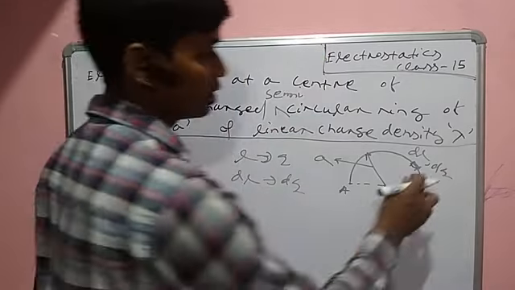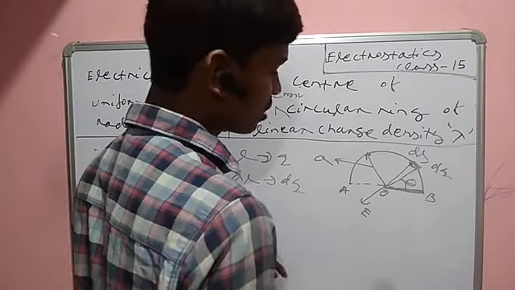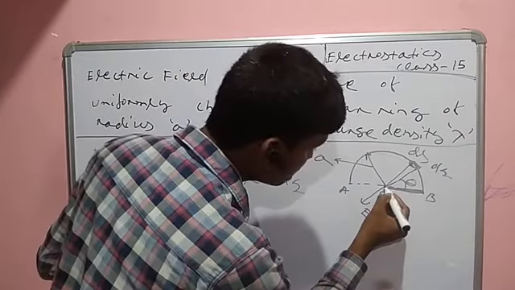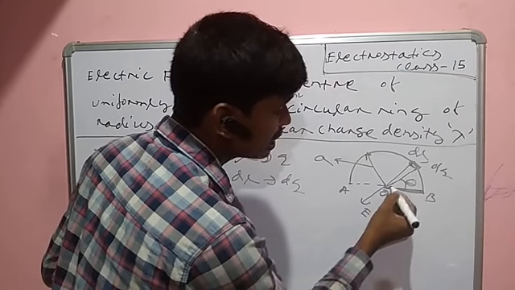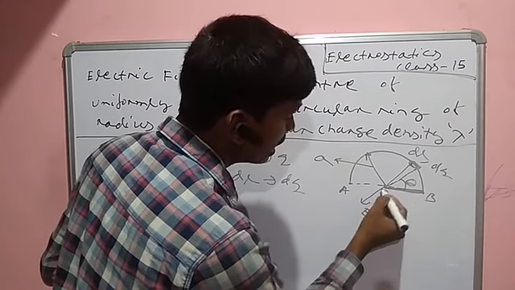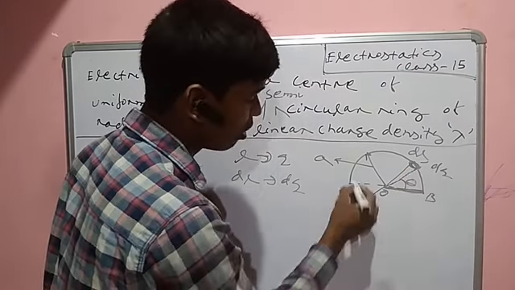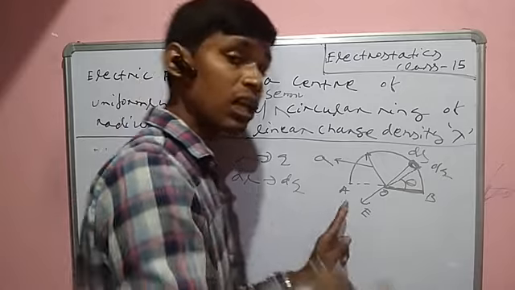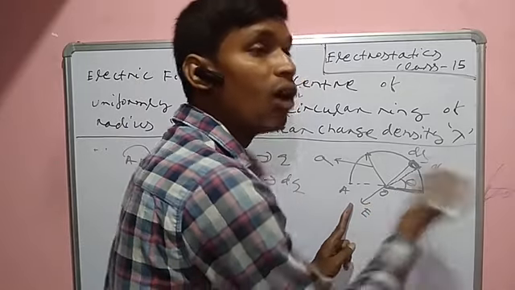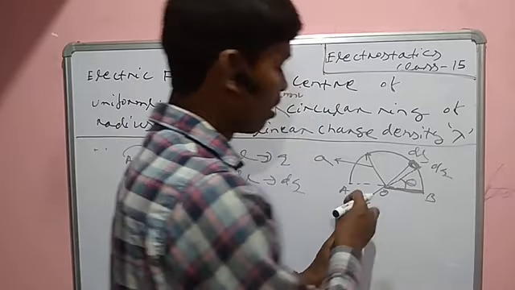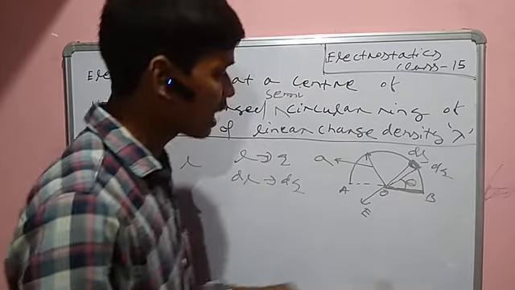The field due to dq is in this direction. But there is no opposite charge here, because it is a semicircle. When there is an opposite charge, the electric field cancels. But here there is no opposite charge, so what do we have to do?